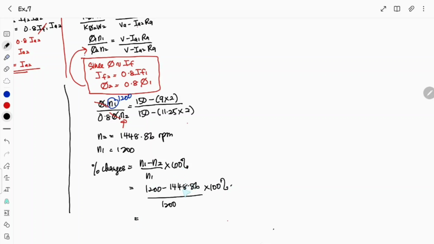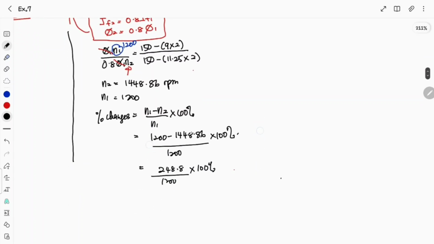Since it's an increase, we can just write out the 248.8 and ignore the negative, because we already know that the speed is increased from the initial speed. And it gives you 20.7% speed increment.